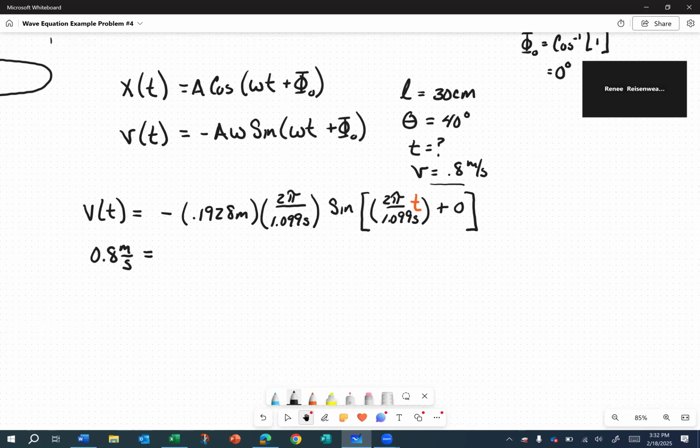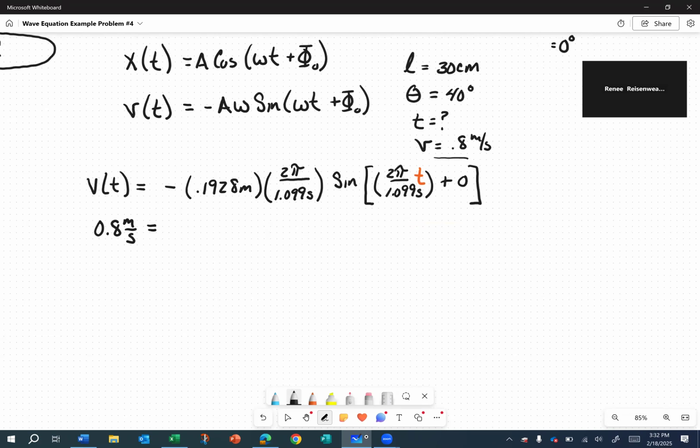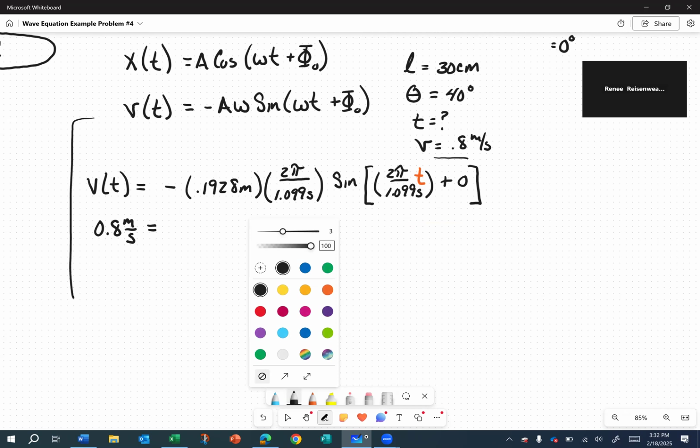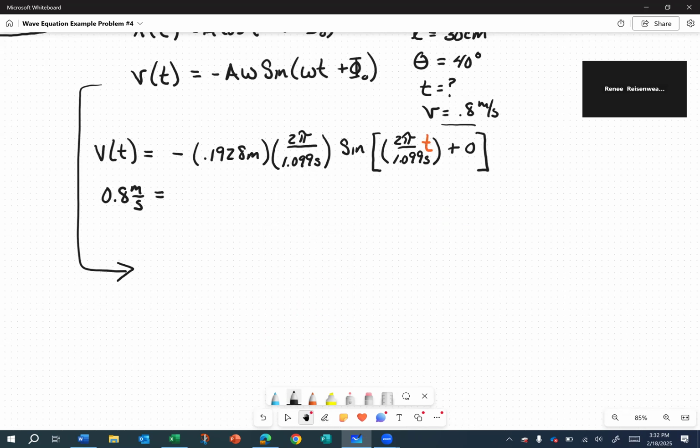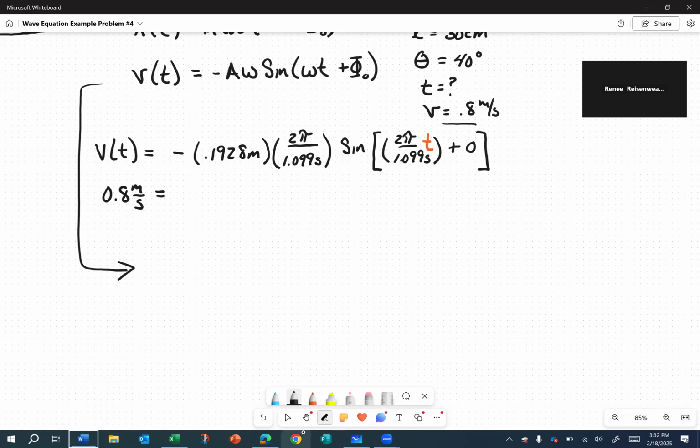I guess I could rearrange the equation first. Algebraically, better problem solving would be to rearrange our equation to say v of t divided by negative A omega is equal to the sine of omega t plus 0.